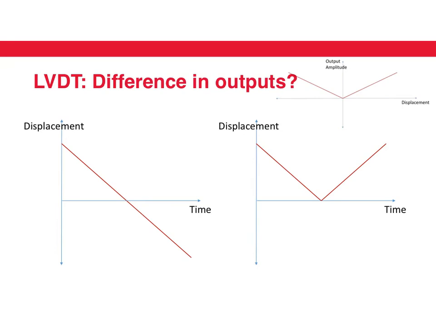This needs some kind of detection mechanism which uses more than just the output amplitude to figure out the displacement. What we need is what is called phase sensitive detection. We will be looking at phase sensitive detection in one of the later lectures.